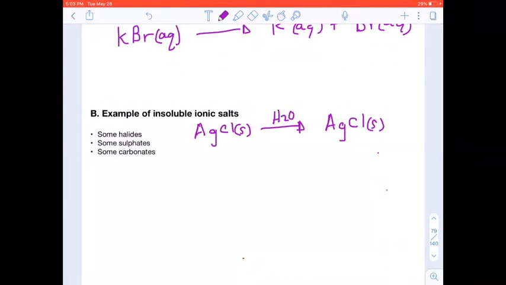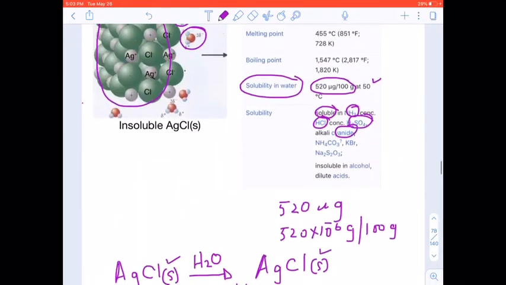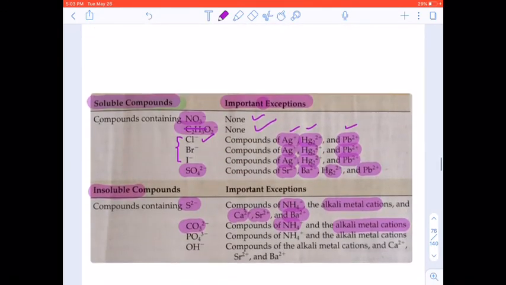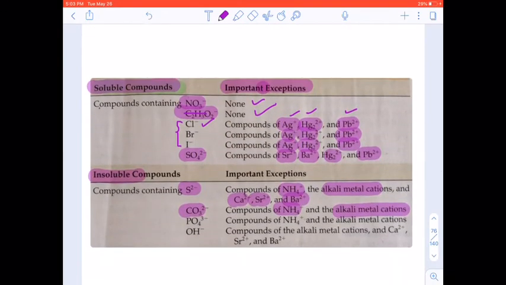And you look at our sulfates now. If we have a look at our sulfates, which sulfates are insoluble? Here you got your sulfate. Which of them are insoluble? The barium sulfate, strontium sulfate, and lead sulfate. They are all insoluble.